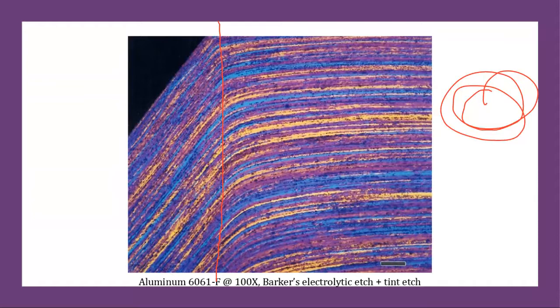You can see the grains, use that linearity this way, that's how deformed those grains are. So was this fabricated in the cold work condition? Was this hot work? Is this a casting?